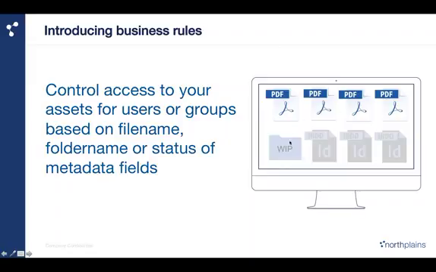So one of the use cases I was trying to illustrate here is that this is what your file system looks like on AppleShare, without business rules. So there's some PDFs, there's a work in progress folder and some InDesign documents.